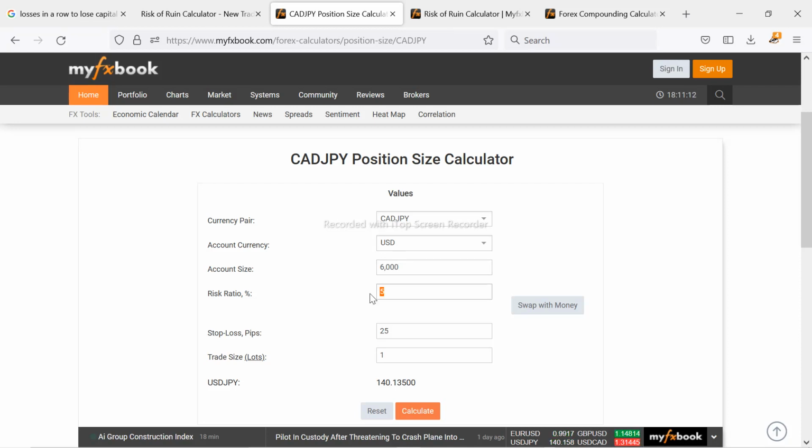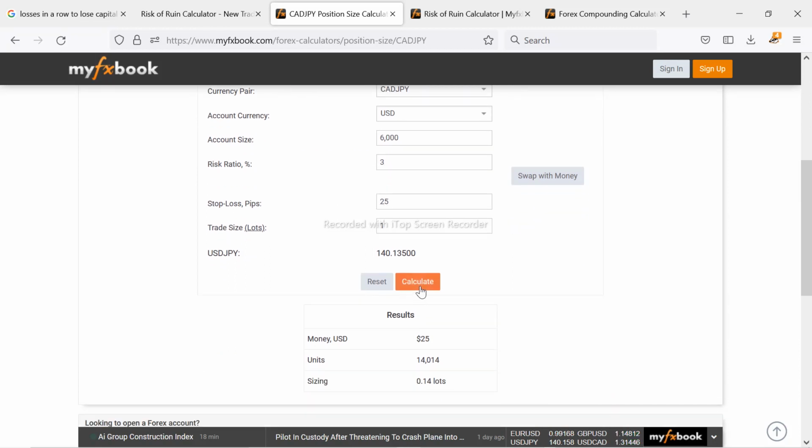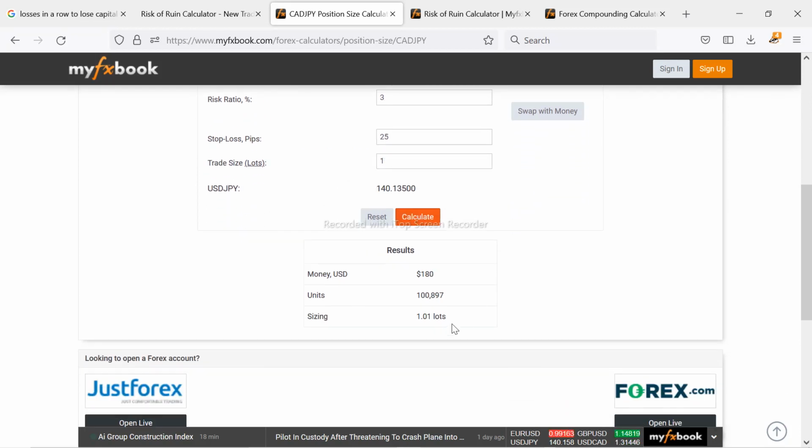The same stop loss in pips, 25. You calculate, and now it's giving you a different number, and this is all dynamically generated. You're risking $180 to make 360, and for that particular trade, your position size is gonna be 1.01 lots.